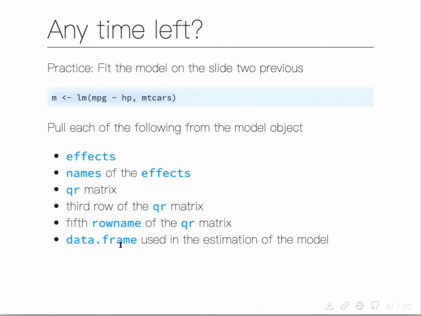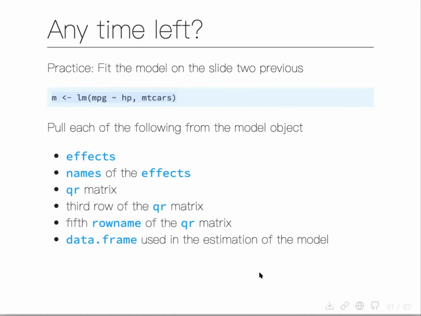Okay, so there is a data frame in this list, which is the data that was used in the estimation of the model. So for example, mtcars has many other columns, but I'm only using 2 columns here. And there is a data frame in that list that's just those 2 columns, mpg and hp.